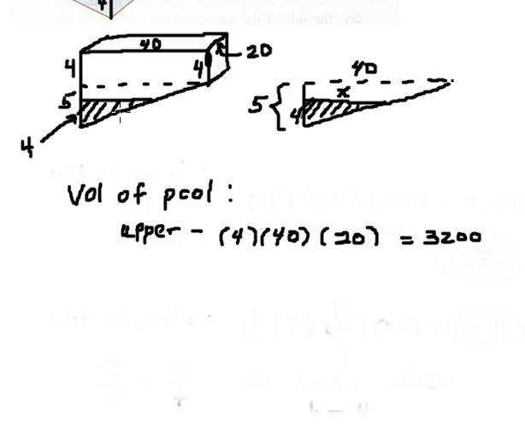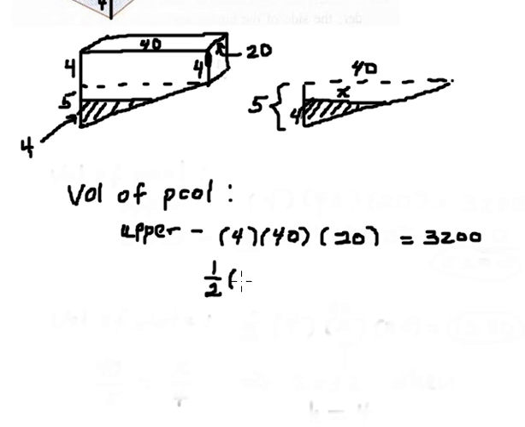Now for the lower part, we have this triangle, and we'll find first the area of the triangle and multiply that by 20 to get the volume of the lower part. So the area of the triangle is 1/2 the dimension 5. Now where do we get this 5 from? Well, this is 4 because that's the same as the shallow end, and the deep end is 9, so below the dotted line we're left with 5 feet, for 9 minus 4.